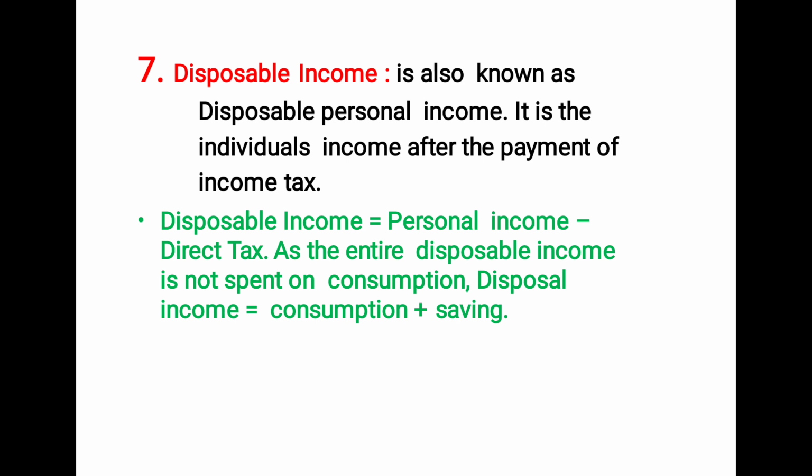So disposable income is equal to personal income minus direct tax. As the entire disposable income is not spent on consumption, disposable income is equal to consumption plus saving. We use it for consumption purpose plus we use it for saving purpose.